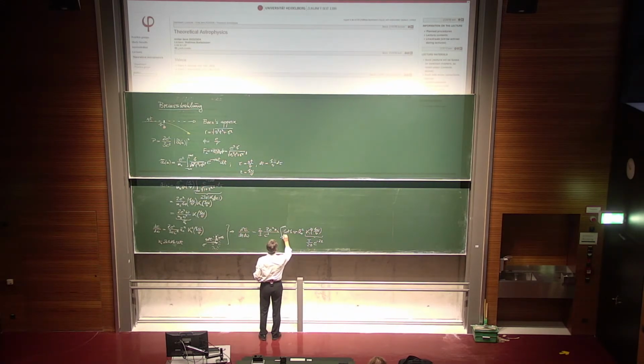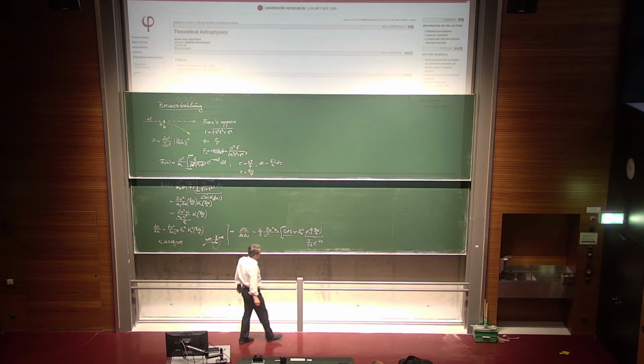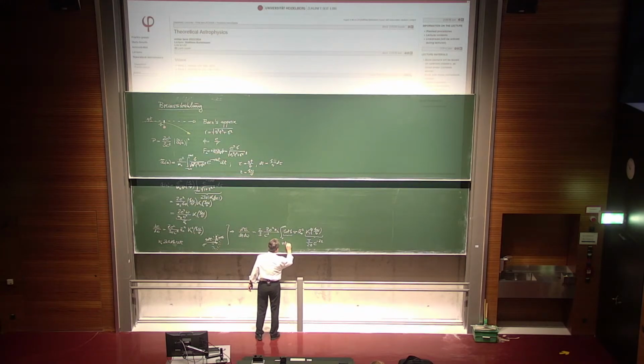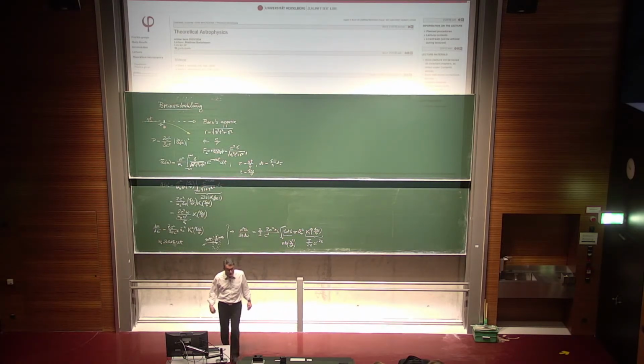So I can write here the b dB. This is of course a z dz times v squared over omega squared from the transformation of dB to dz.